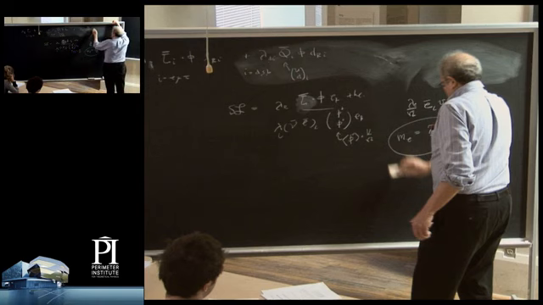If I write epsilon_alpha-beta phi-star_beta times u right, this now raises the vacuum expectation value from the bottom to the top. So this will give mass to the up quark.